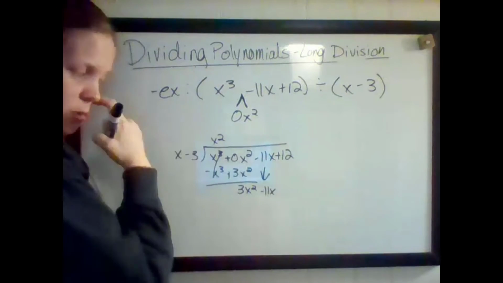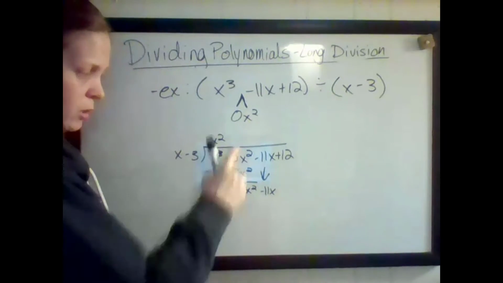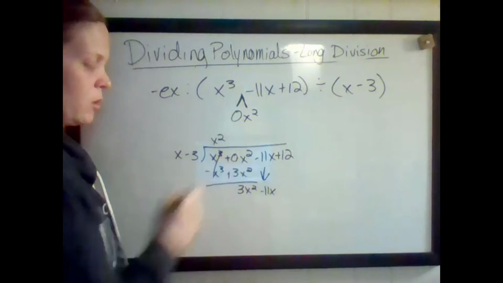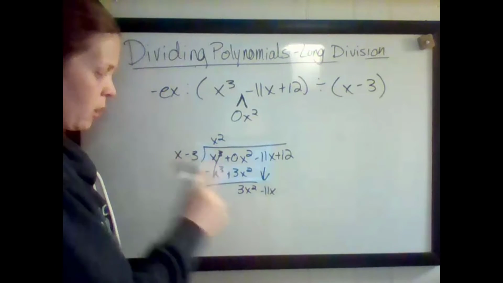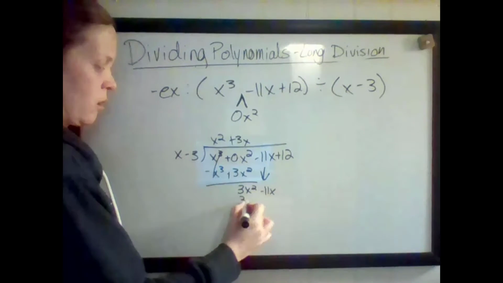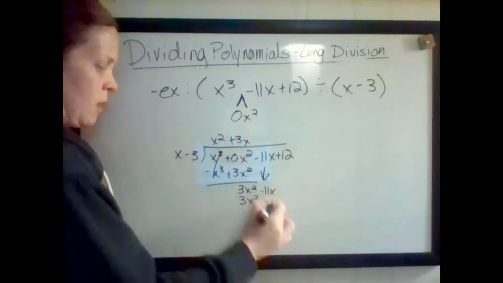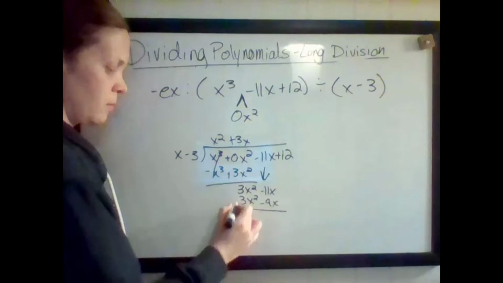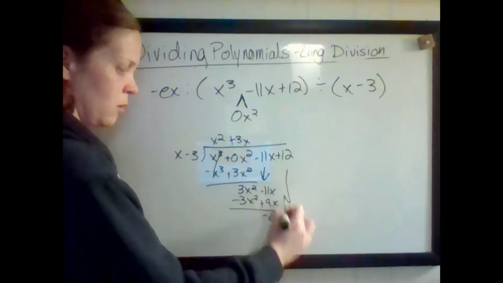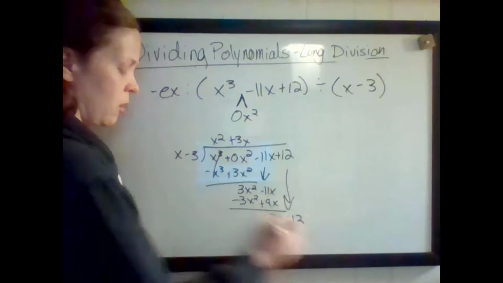If this minus 11x was over, it wouldn't have lined up. So we need everything to line up. So that's why we had to include this here. Okay, so x times 3x is 3x squared, minus 9x, minus plus, remainder of minus 2x, bring down plus 12.